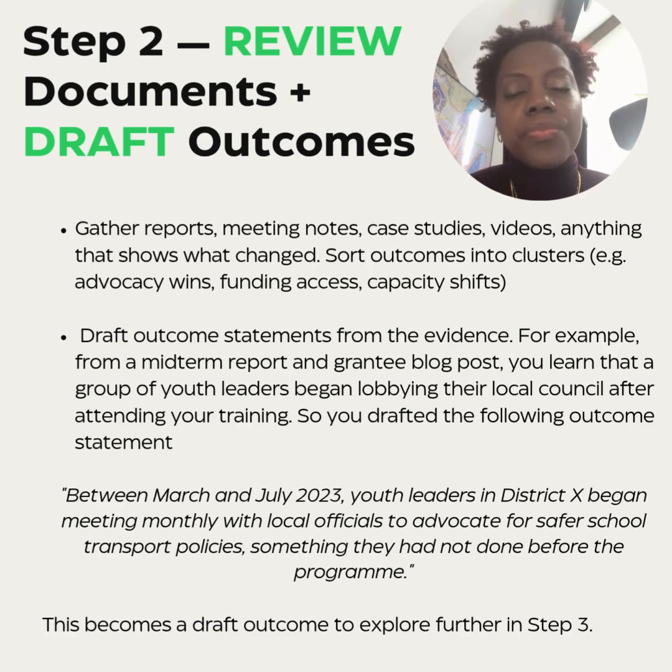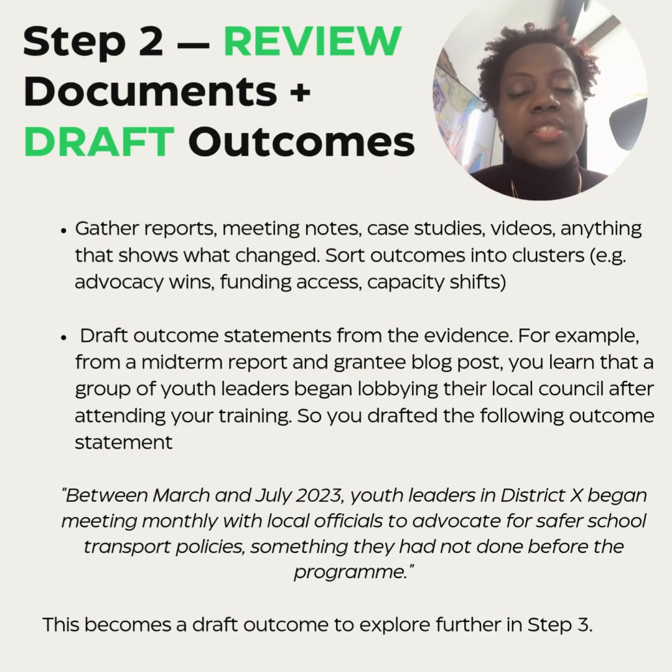For example, from a midterm report and grantee blog post, you learn that a group of youth leaders began lobbying their local council after attending your training. So you draft the following outcome statement.